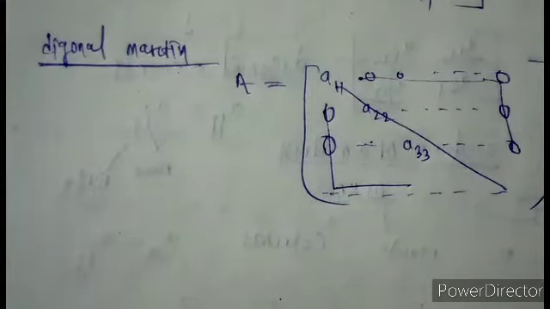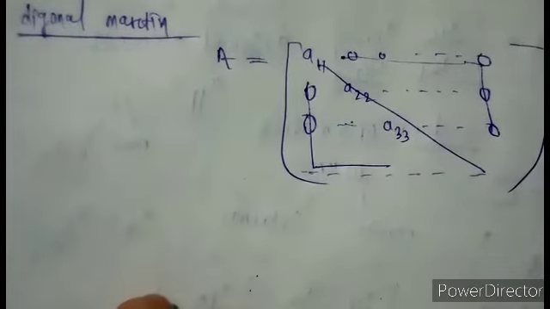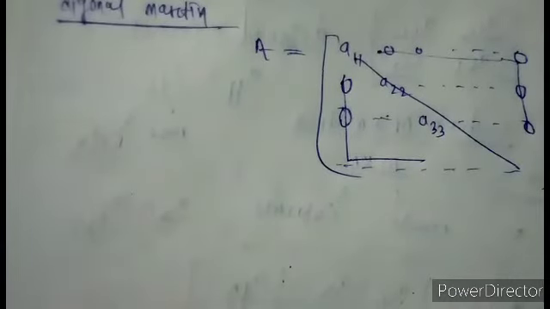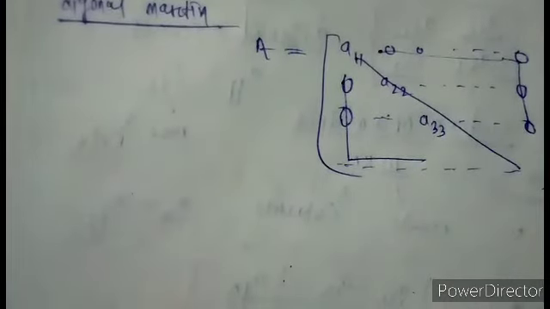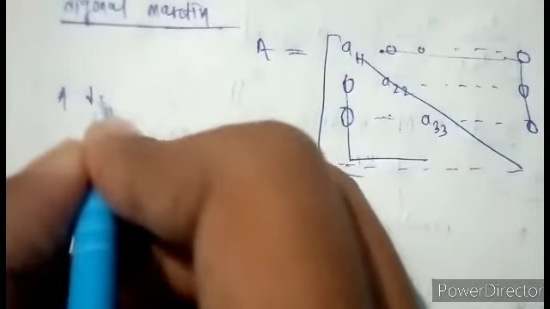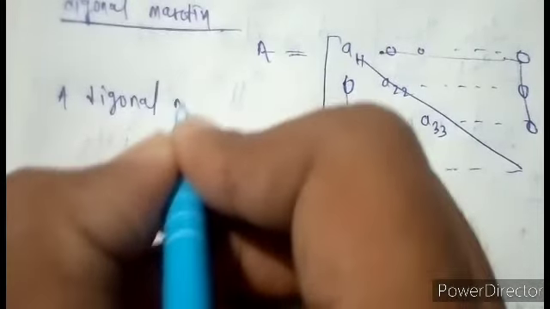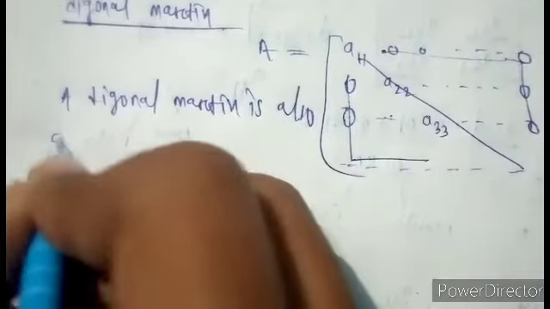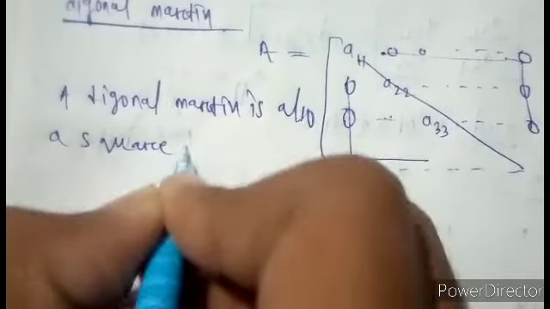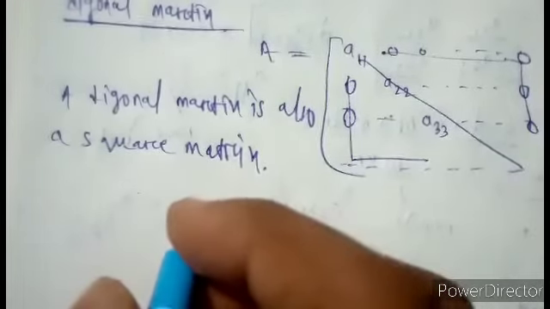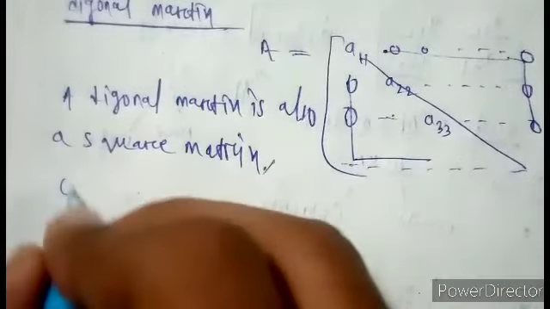An important point here regarding the definition: a diagonal matrix is also a square matrix whose non-diagonal entries are zero.